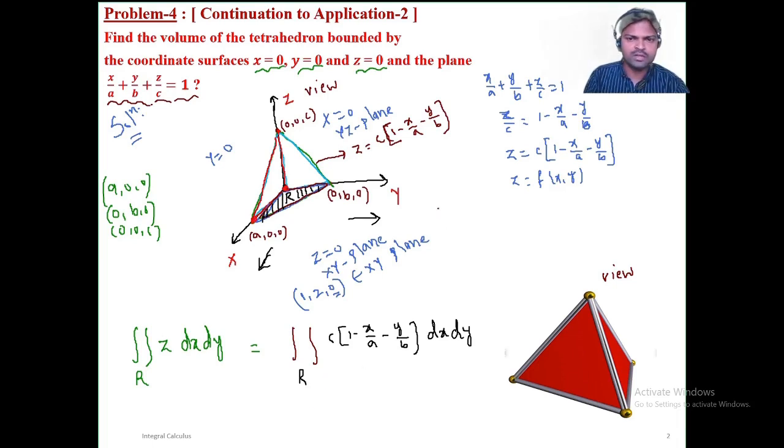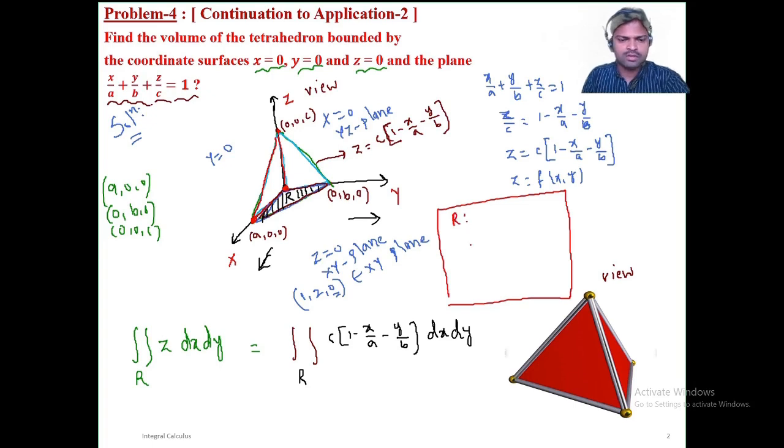So for region R, x is varying from 0 to a. Next, corresponding y should vary in this direction, starting from here and ending at this line, that means starting with the x-axis and ending at this line.